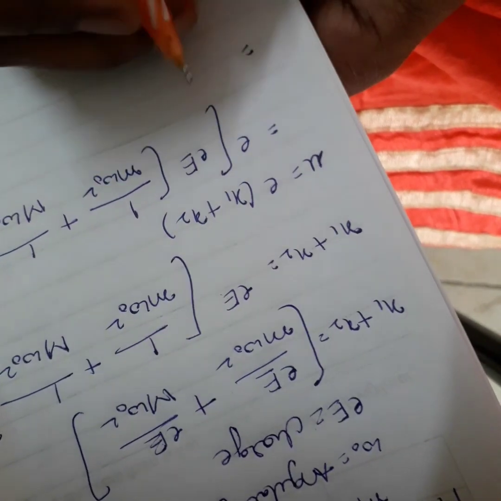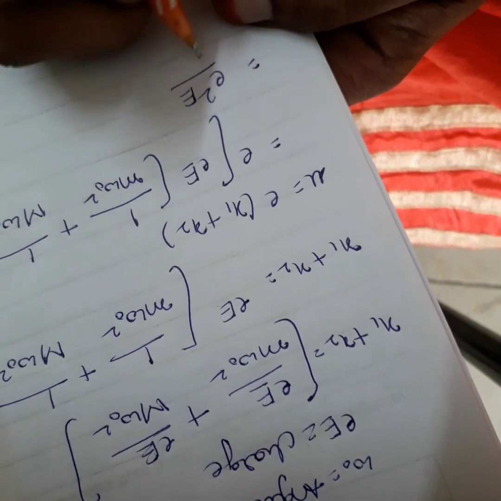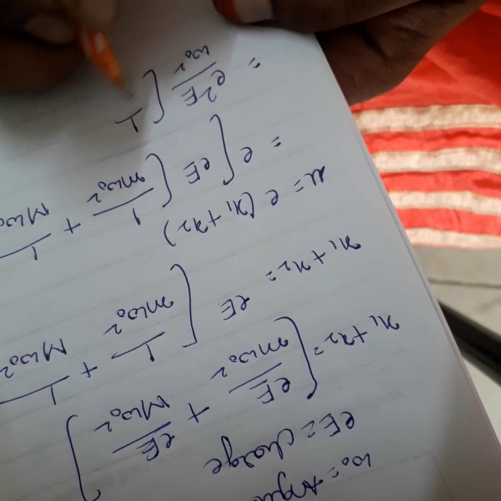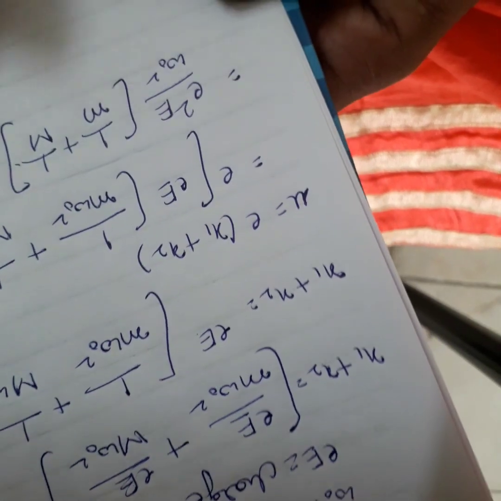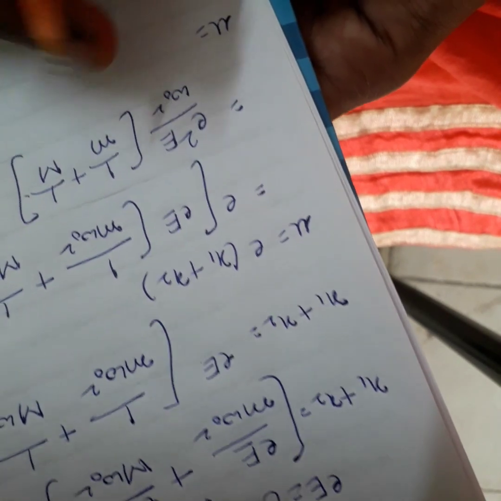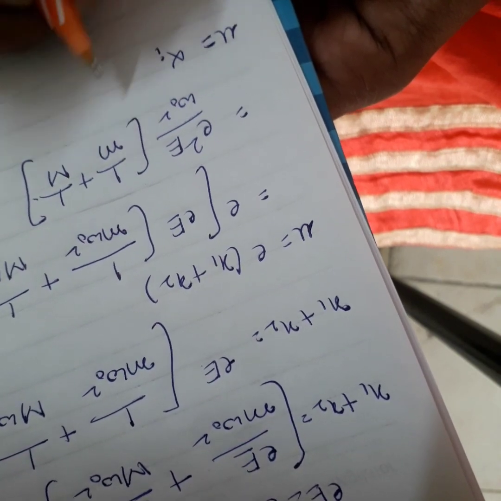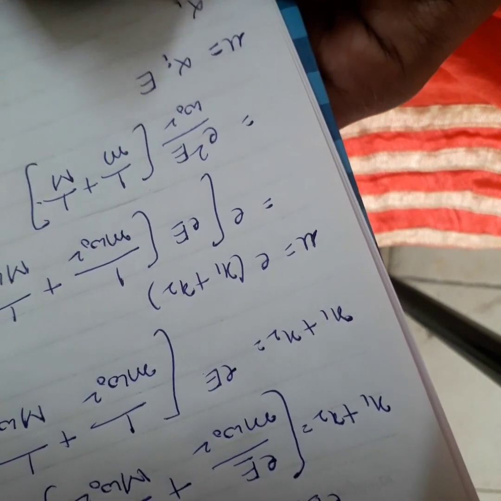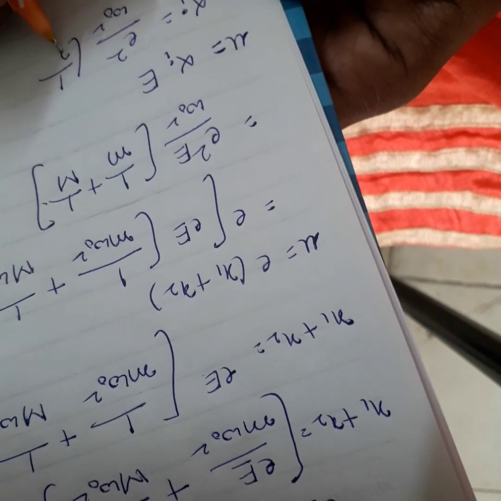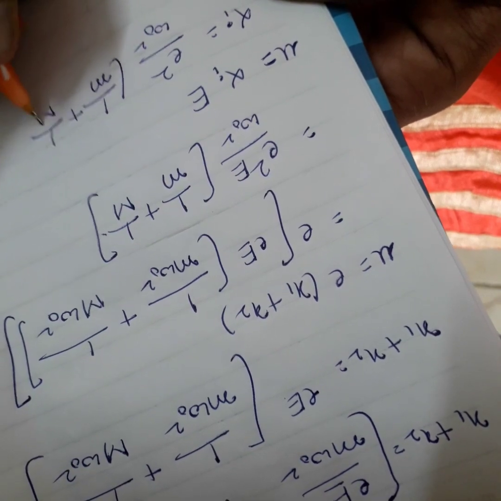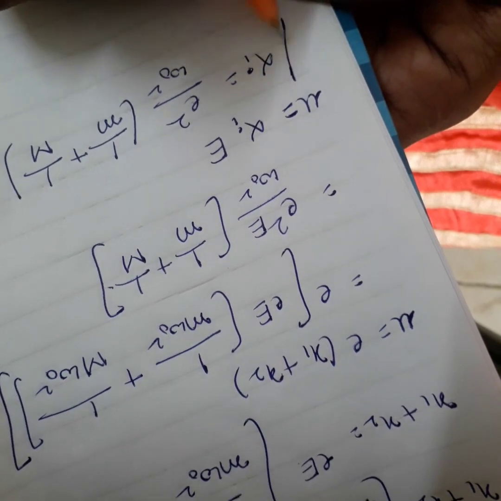E into E will be E square into E. If we take omega naught square also common, then 1 by m plus 1 by capital M. From this we can say that mu is equal to alpha I into E, where alpha I is E square by omega naught square into 1 by m plus 1 by capital M. This is the ionic polarization formula.